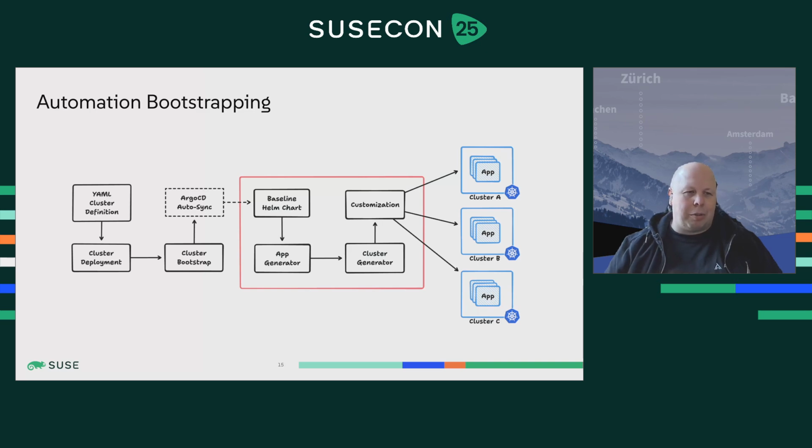But what we normally do is deploy the clusters via infrastructure as code. So we have our YAML definition, which will then create the cluster inside Rancher, and we normally use the node or cluster driver from Rancher to build up a Kubernetes cluster in their environment.